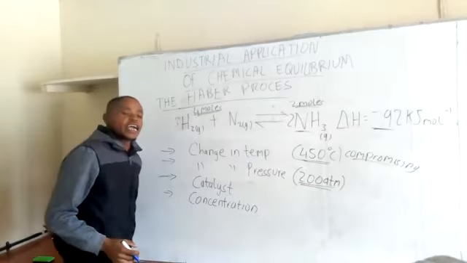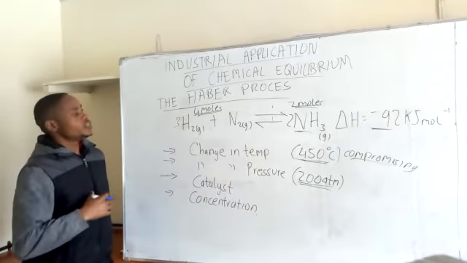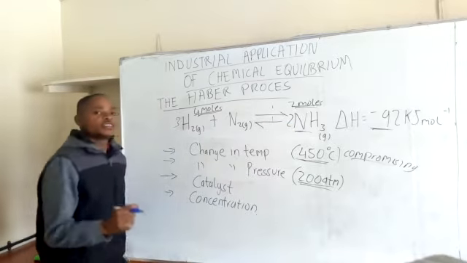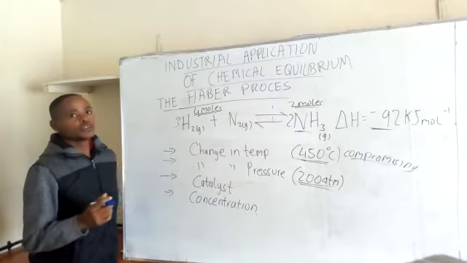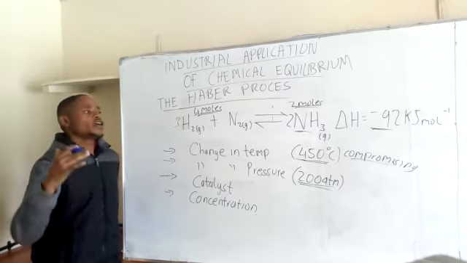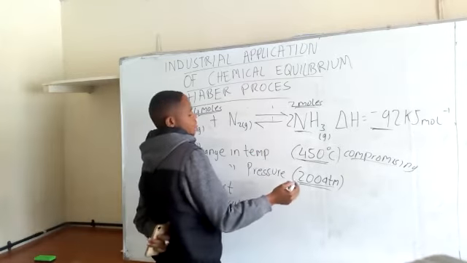Using pressure higher than 200 atmospheres will increase the rate of production of ammonia. However, it will require you to use very expensive equipment which will be able to accommodate such higher pressure.